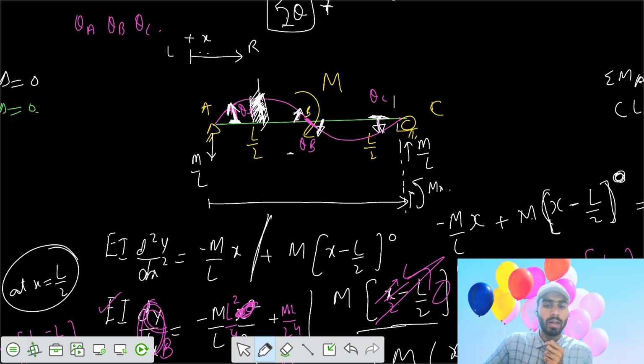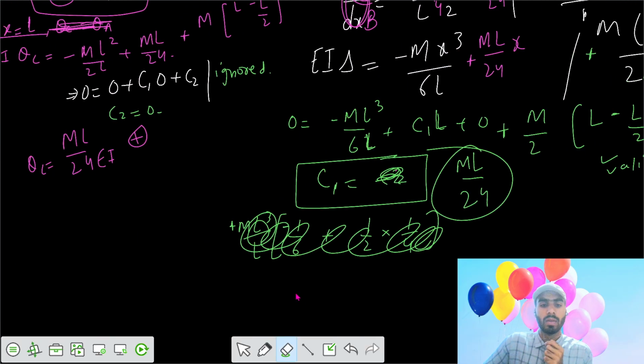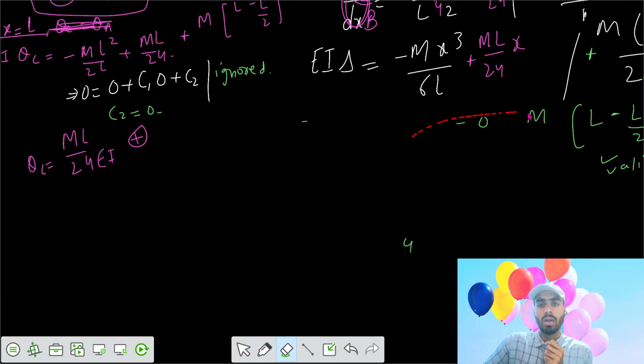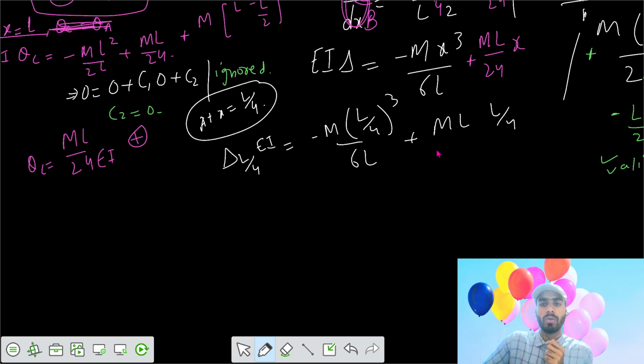If you want to say what is the value of delta at L by 2, we can calculate that from this equation. At x equals L by 4, we can get the value of delta at L by 4: EI delta equals minus M L by 4 cubed by 6L plus M L by 4 by 24.